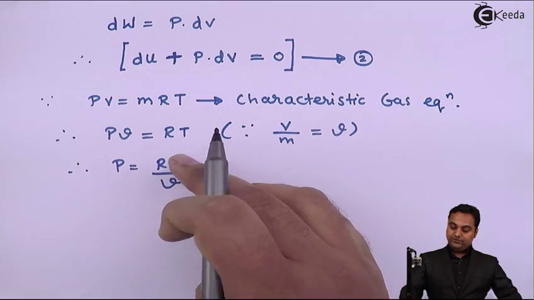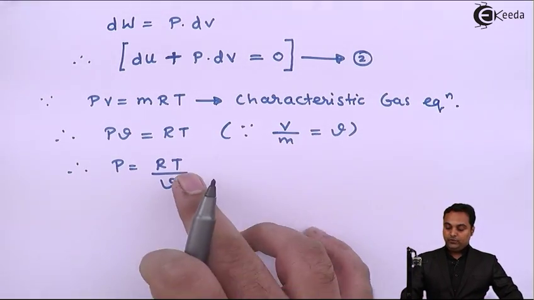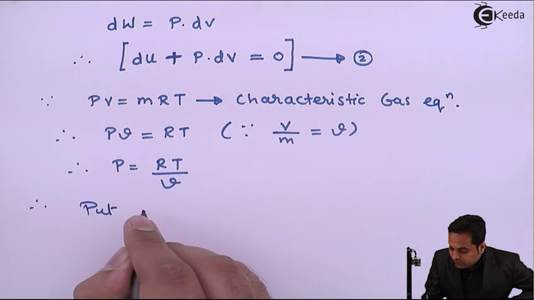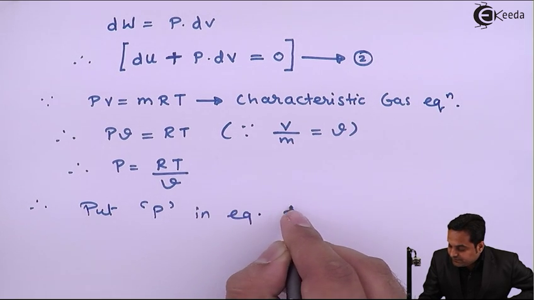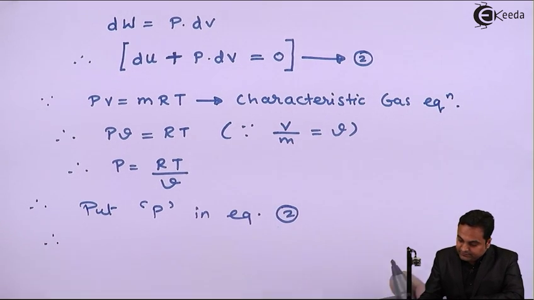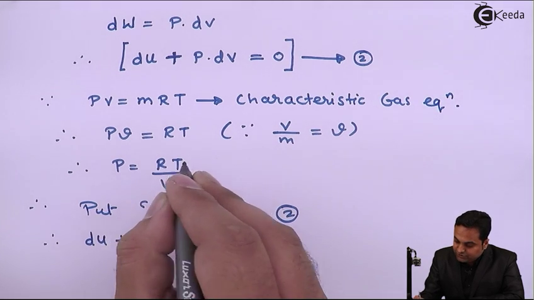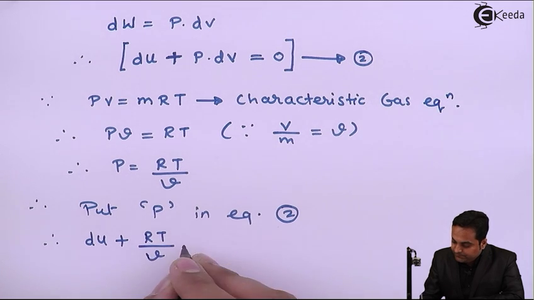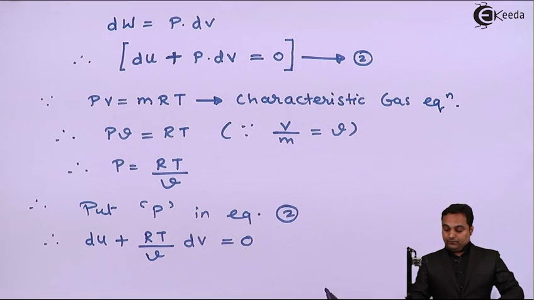Next, I am going to replace P with RT by v in equation number 2. So put the value of P in equation 2. So we have dU remaining as it is, plus instead of P it is RT upon small v into dv, and that is equal to 0.